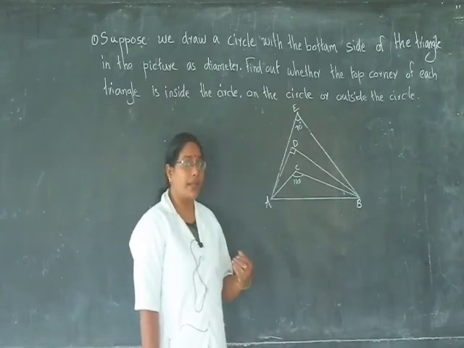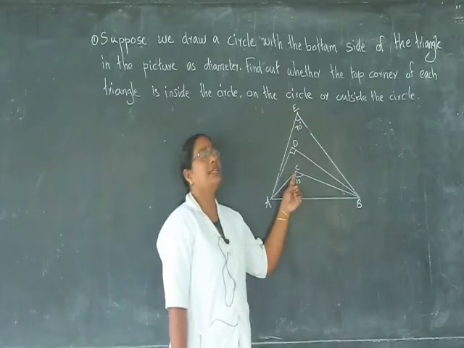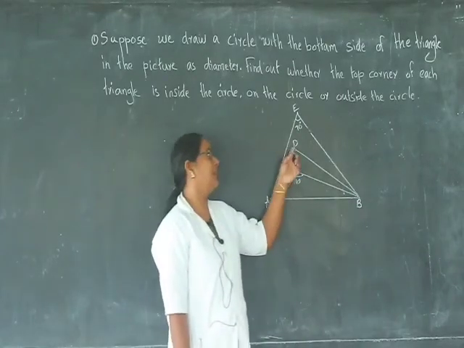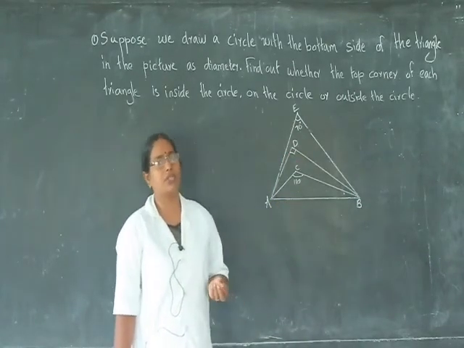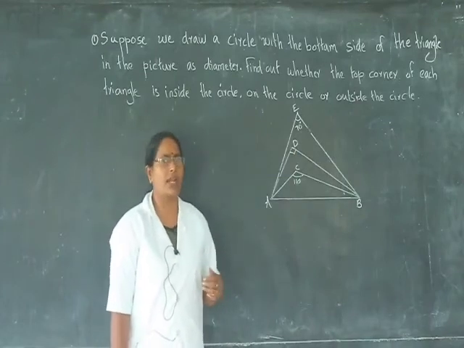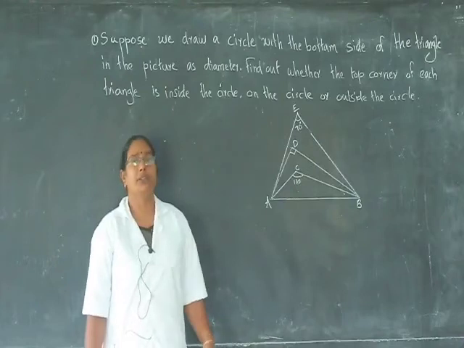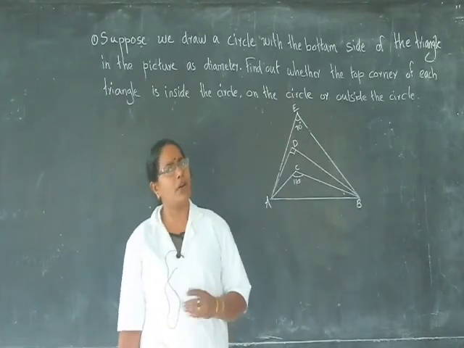We want to find out whether this point is inside, outside or on the circle. In the same manner, check D, inside or outside or on the circle. E also, we want to find out inside or outside or on the circle.